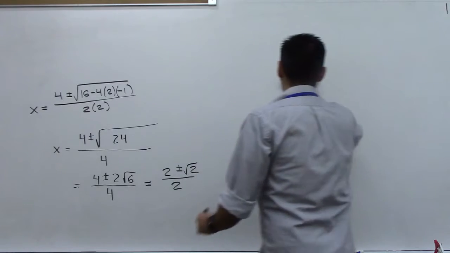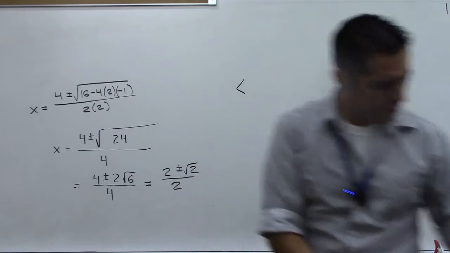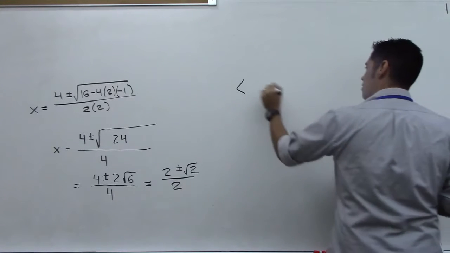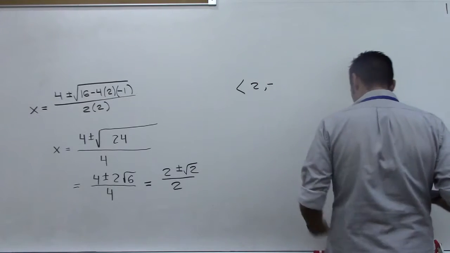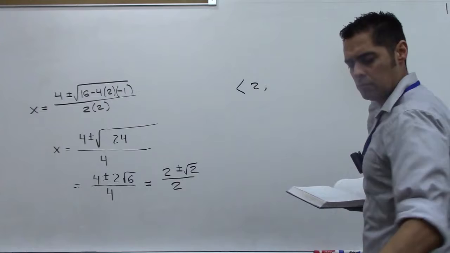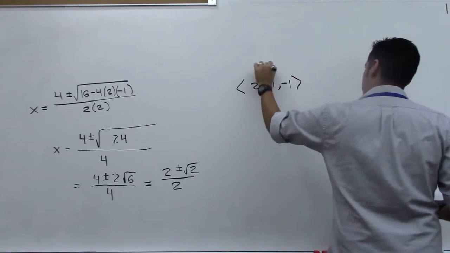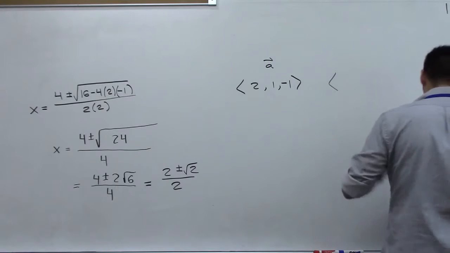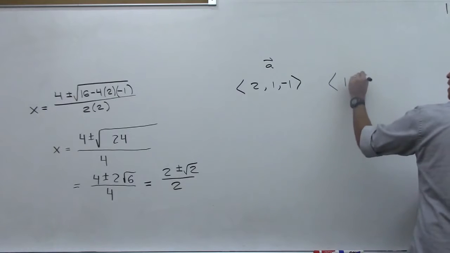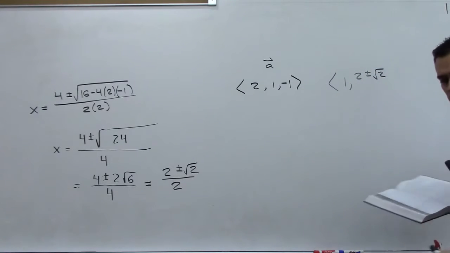So what I would need to do to check this is I need to take the original vector, which was 2, 1, negative 1. That's my A. And then my B is the vector 1 and then x, which I just found to be 2 plus or minus root 6 over 2.